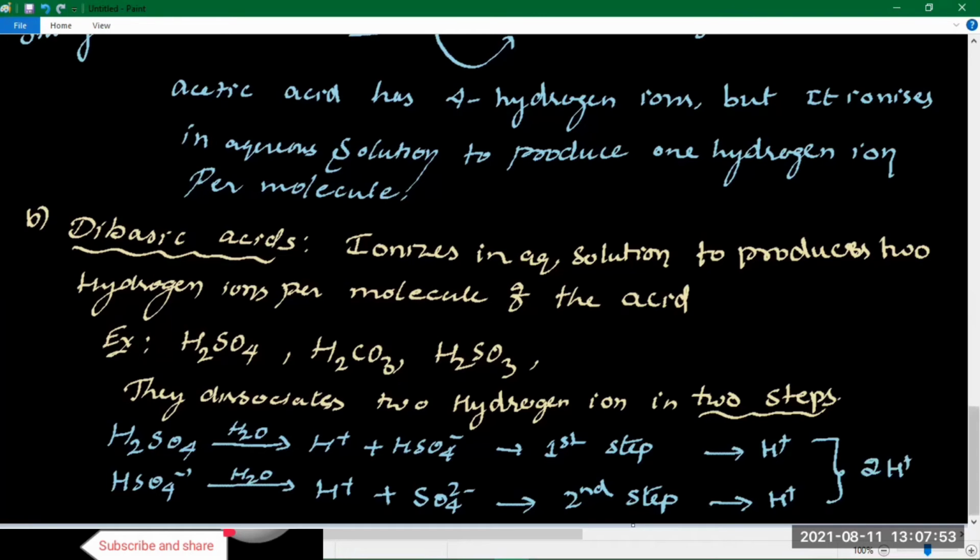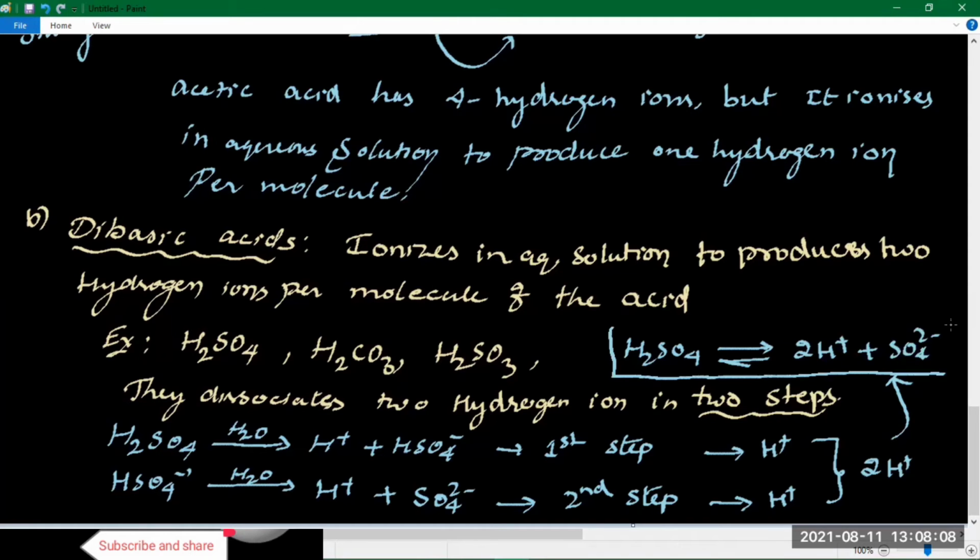So overall, H2SO4 dissociates to form 2 H plus ions and SO4 2 minus ion. But this takes place in 2 different steps. Step 1, it gives first 1 hydrogen and it gives you an acidic ion. This is actually an acidic ion because it contains an H plus.